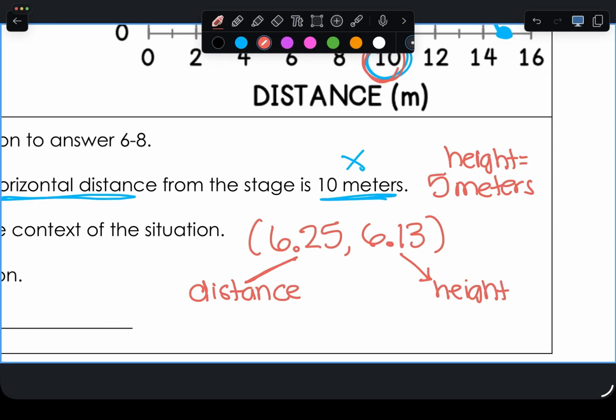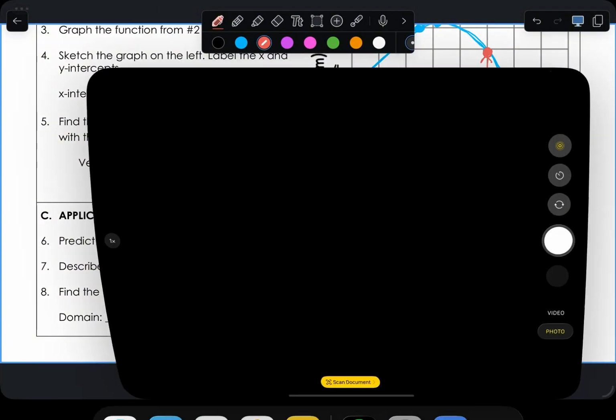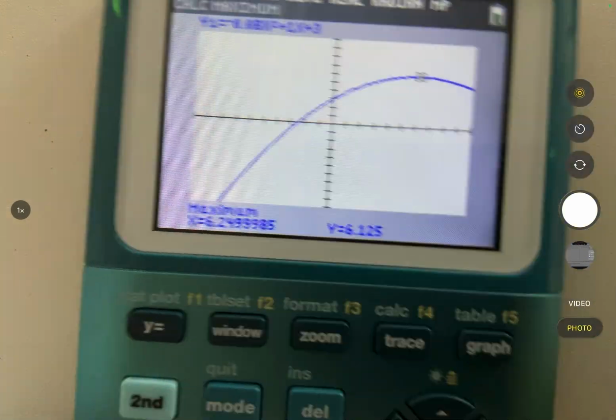Now, because this is a vertex, it's a very specific type of height. Vertex can be broken down into 2 different categories.